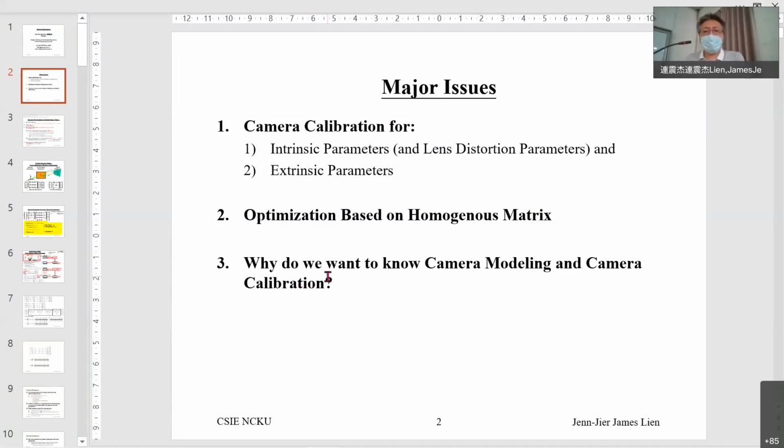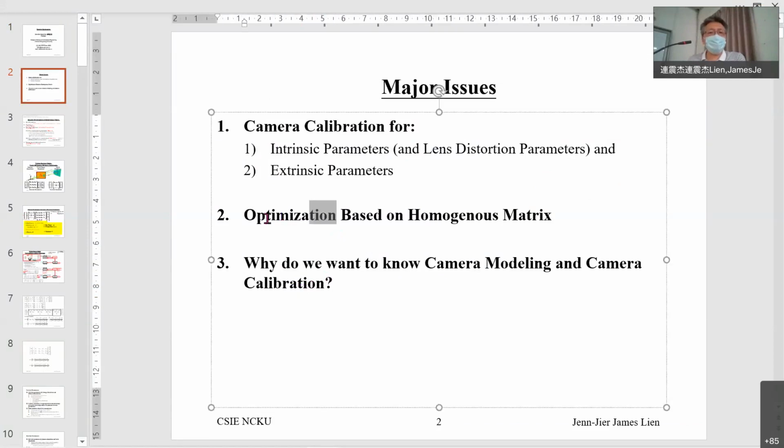So for the camera calibration, what I try to teach you is what the optimization process is.